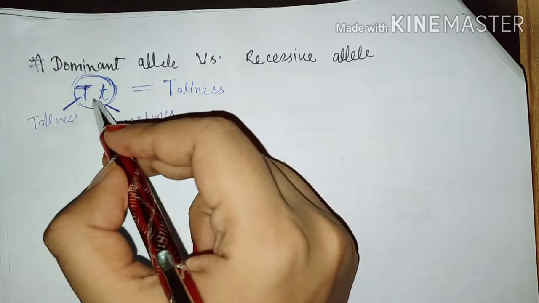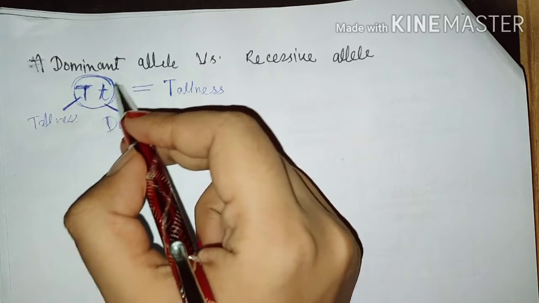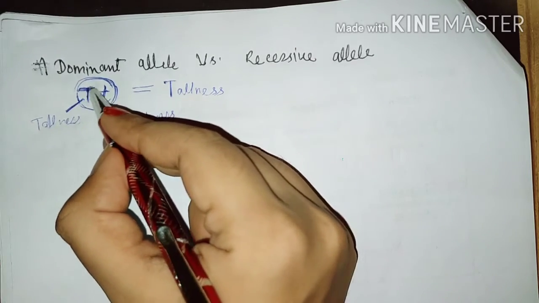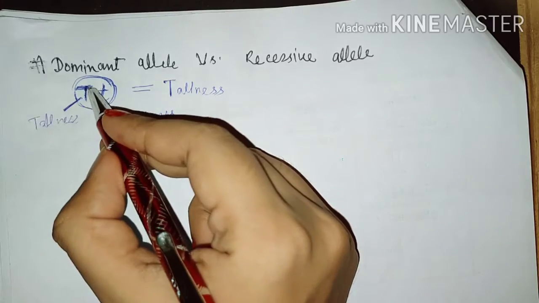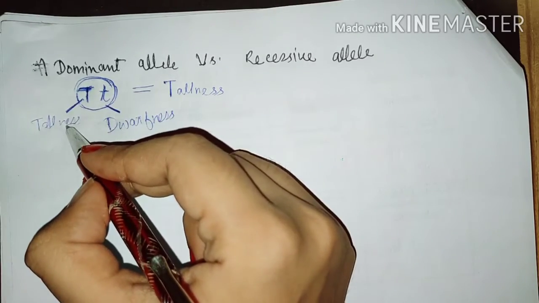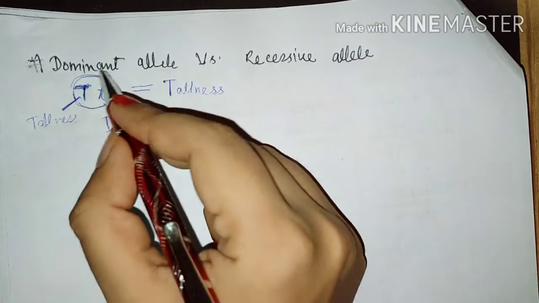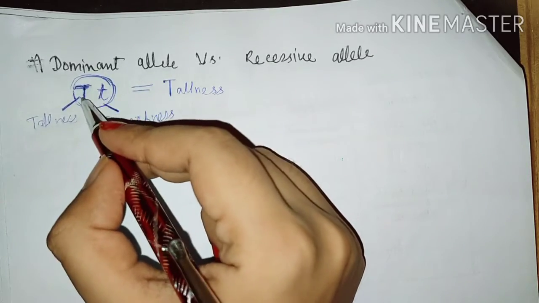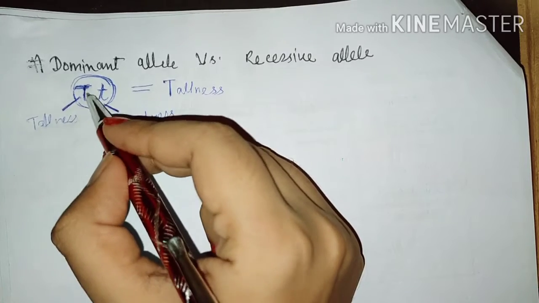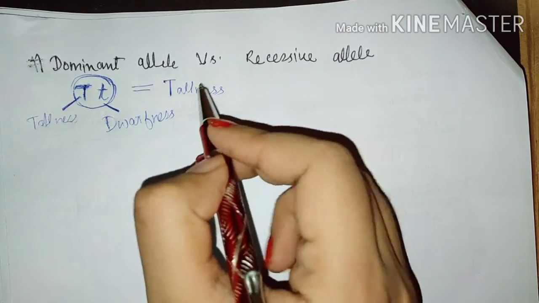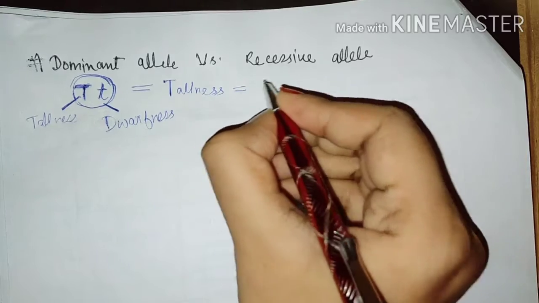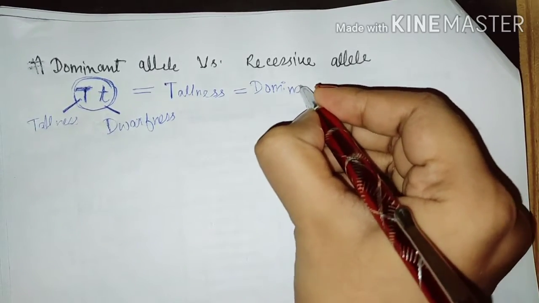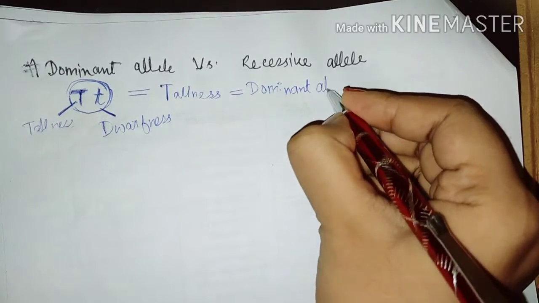It has suppressed the effect of this dwarf allele. So this gene only expresses the capital one, which was responsible for tallness, and it has decided the complete phenotype of this particular gene. Therefore, this allele will be termed as the dominant allele.